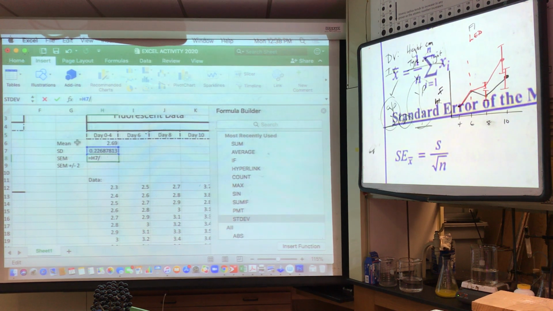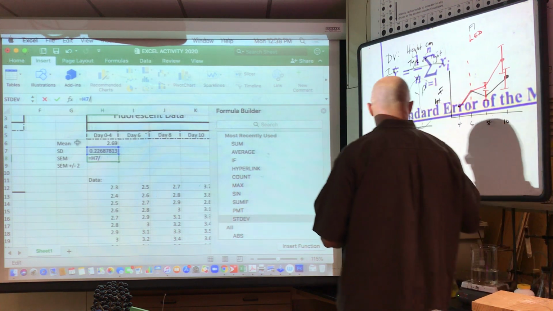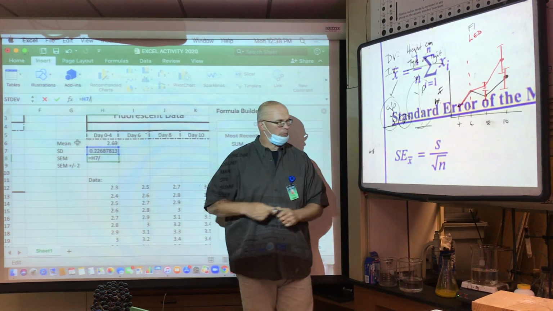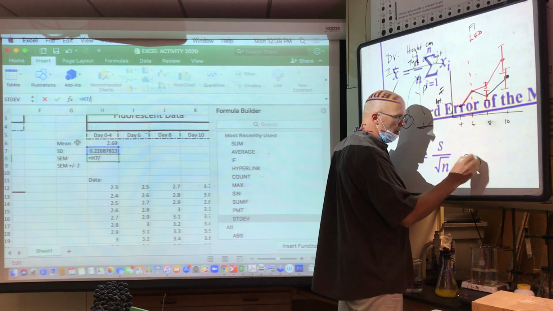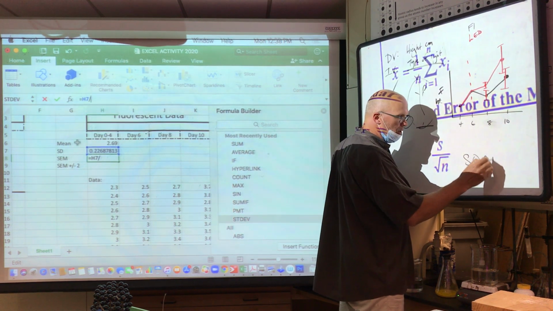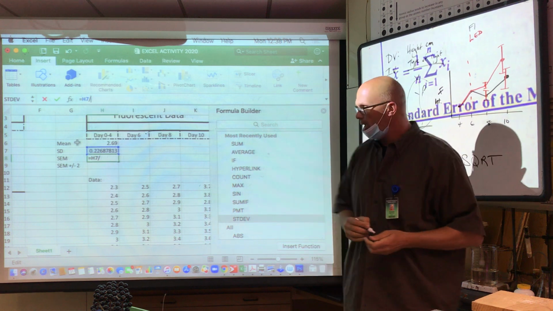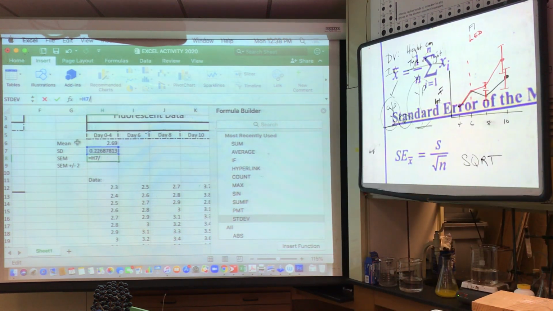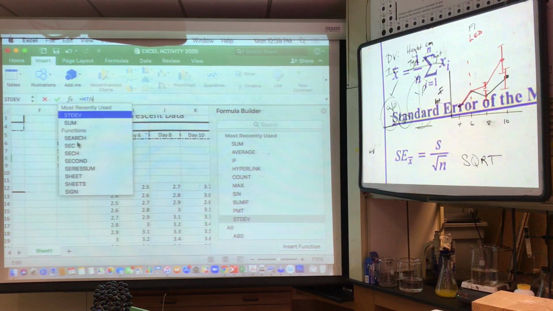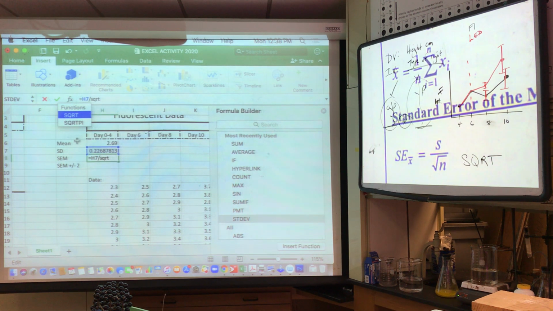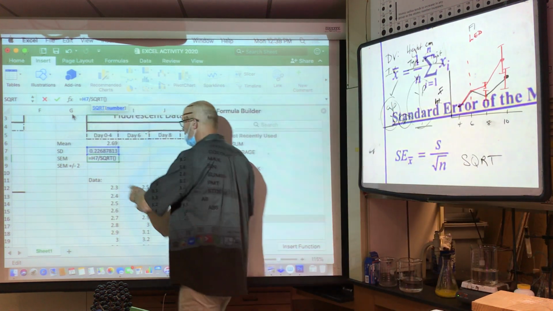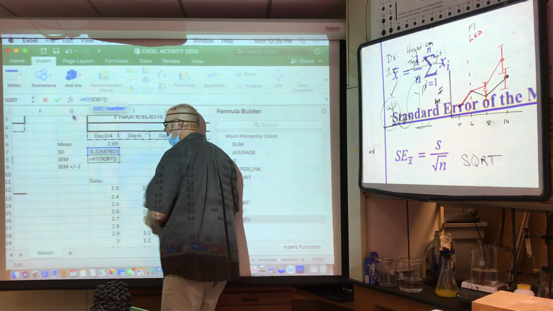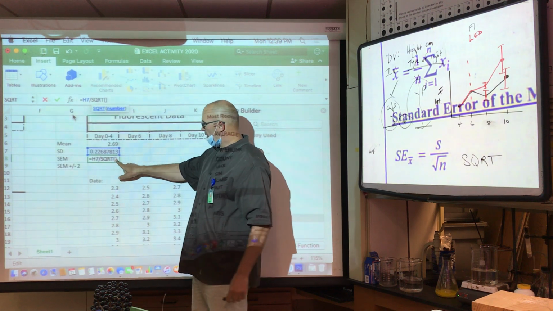So backslash. Let's divide by. Now the function in Excel for a square root is SQRT. It'll probably pop up as you type it. There it is, capitals. If you have to add the two parentheses, do that. It wants to know the square root of what number?